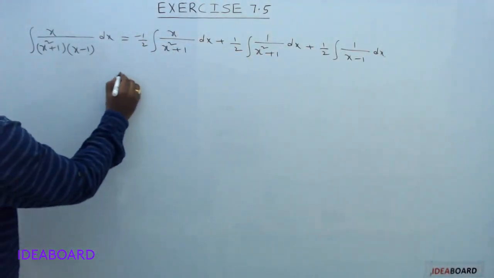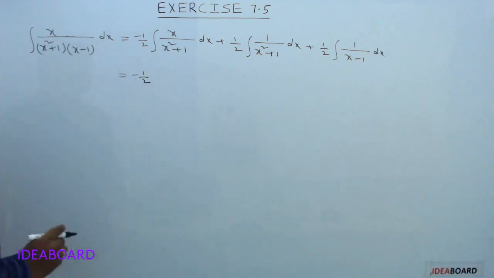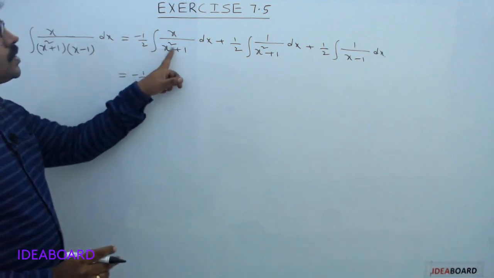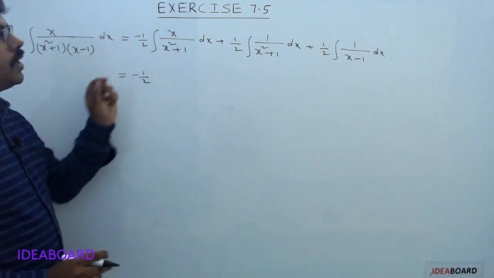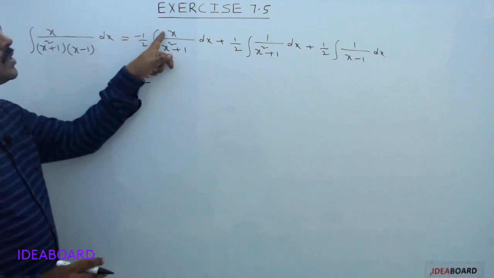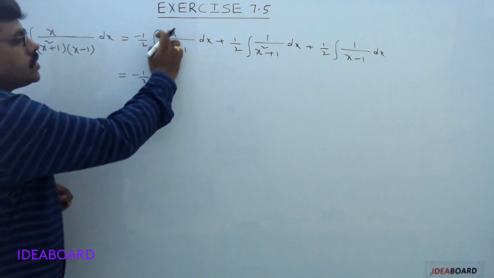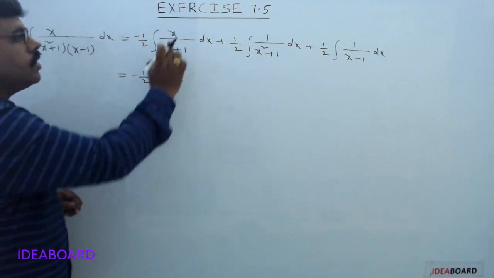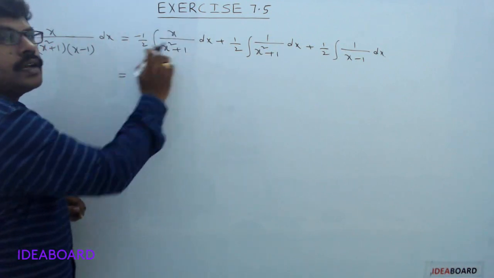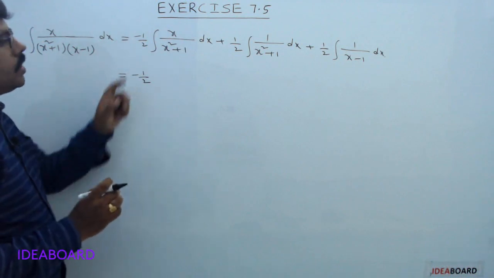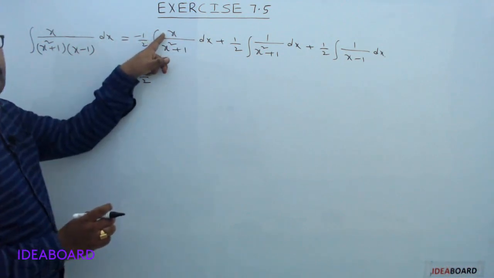Now this is minus 1 by 2 into integral x divided by x square plus 1. The derivative of x square plus 1 is 2x, but 2x is not there in the numerator. So to convert this integrand into the form f dash of x divided by f of x, we need the derivative in its numerator.